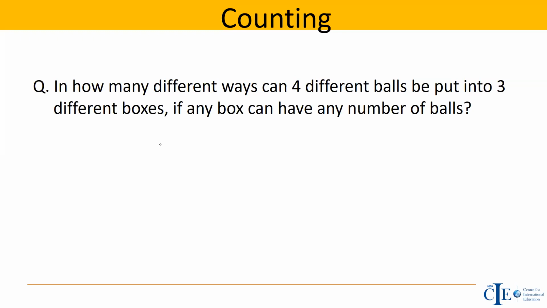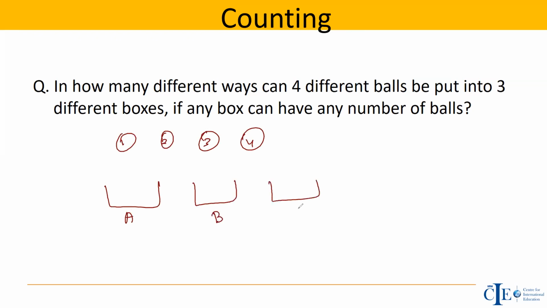So you can say it has balls one, two, three, and four, and the boxes A, B, and C. Then we have to distribute; the first can go in any of the boxes, so it has three possibilities. One, two, three. So three ways.